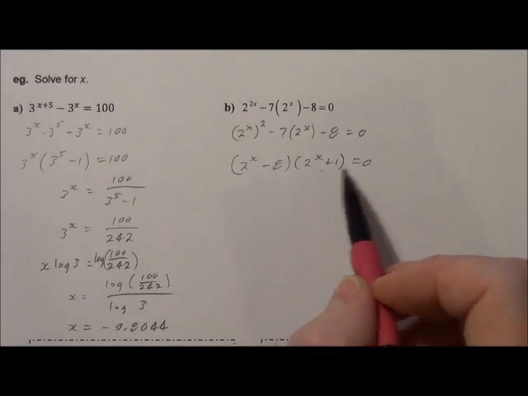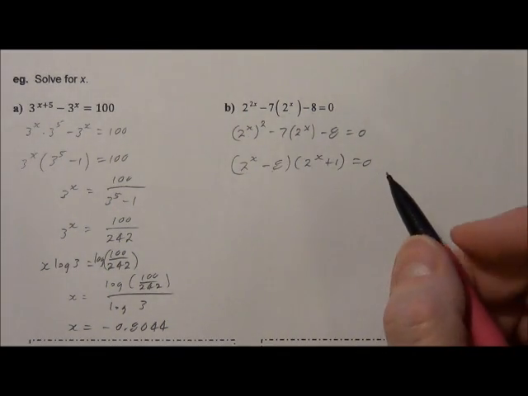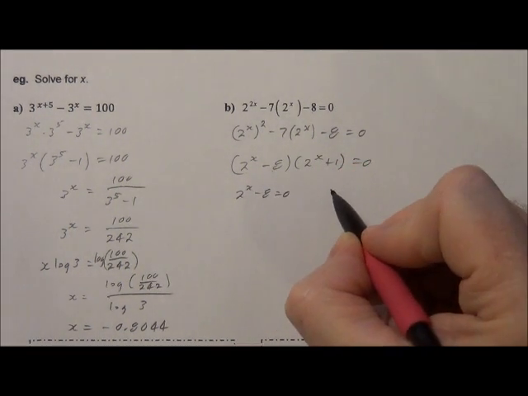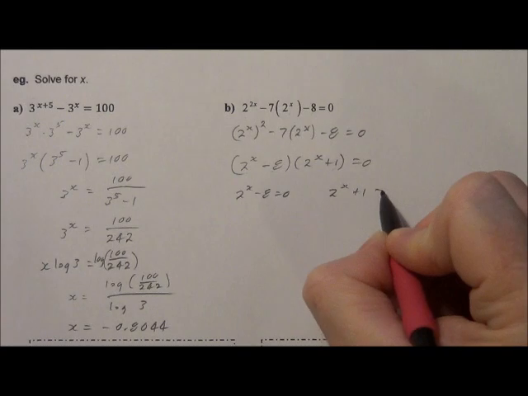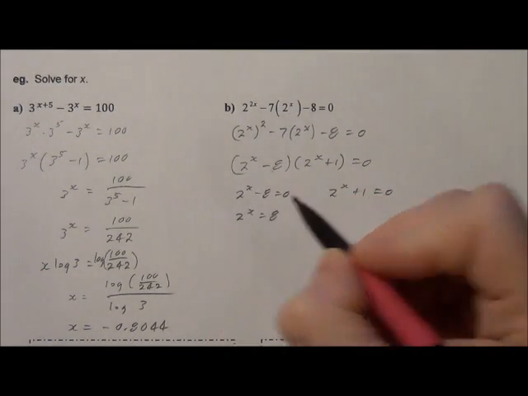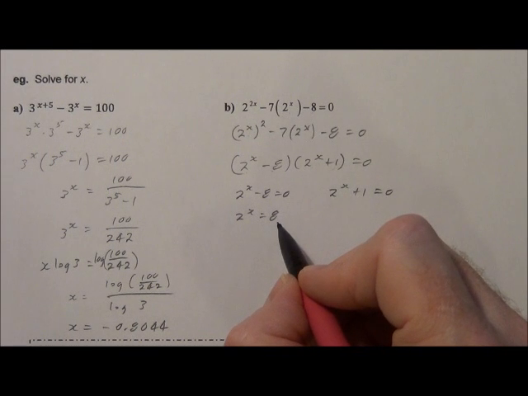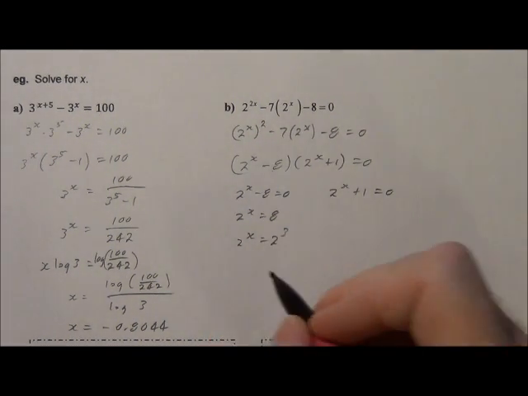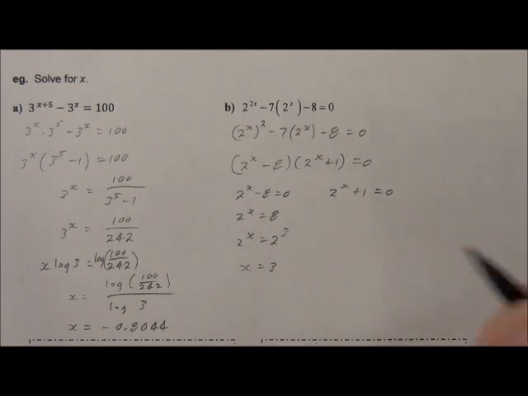And now if two factors equal 0 when they're multiplied together, then obviously either one equals 0 or the other one equals 0. And then we can just rearrange this, get a common base, and x equals 3.